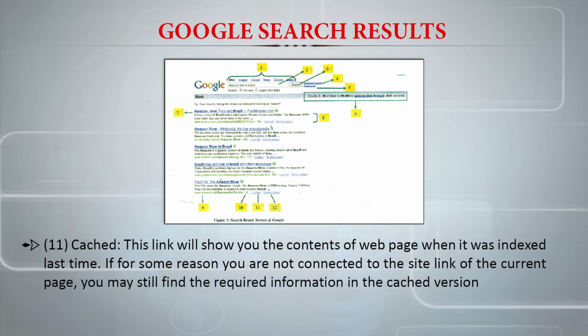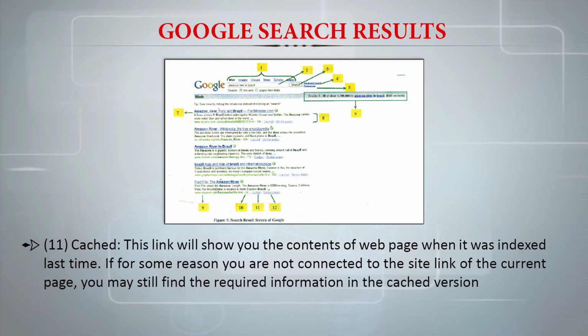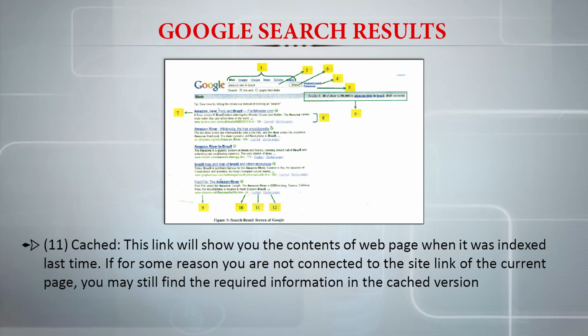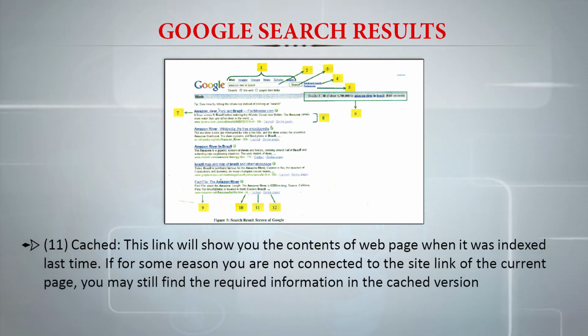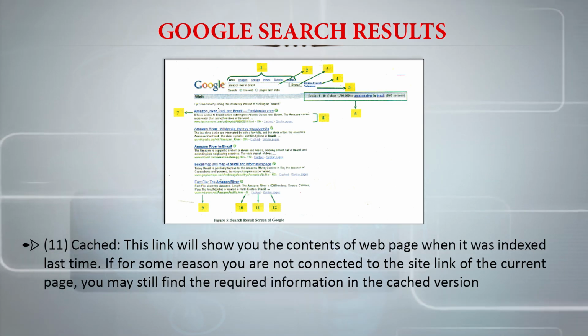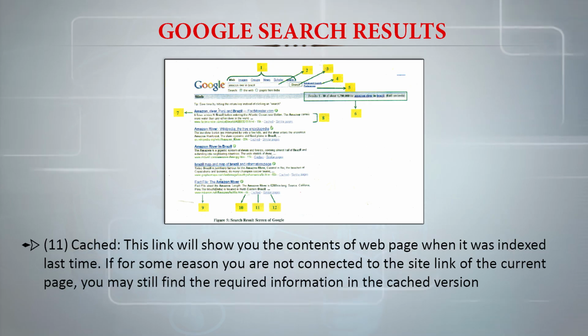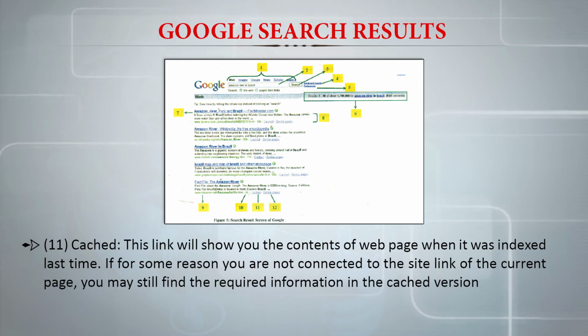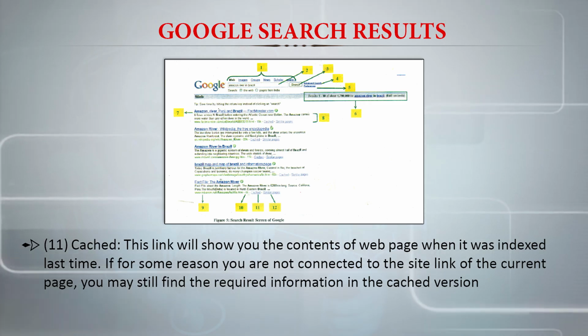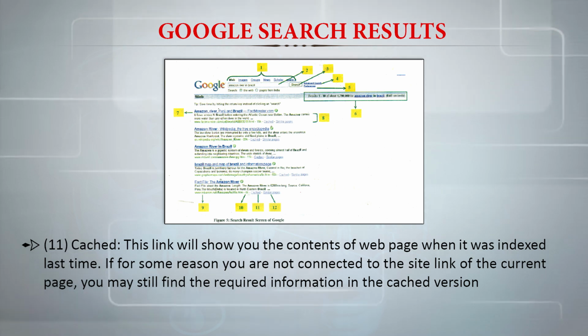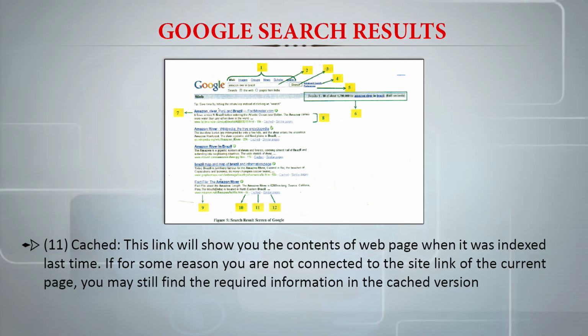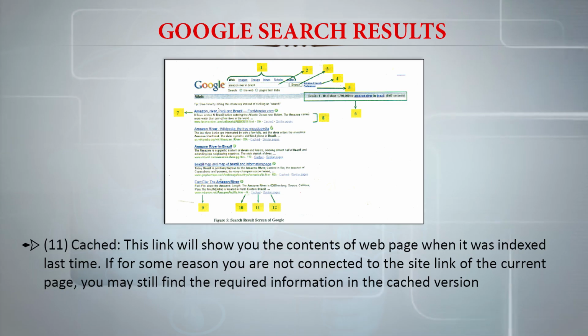Cached means this information is available, and most probably the internet is down, so it is fetching that information and showing it to us, or it did not index since then. When we try to click on refresh, most probably this issue will get resolved. So if for some reason we are not connected to the site link of the current page, we may still find the required information in the cached version.